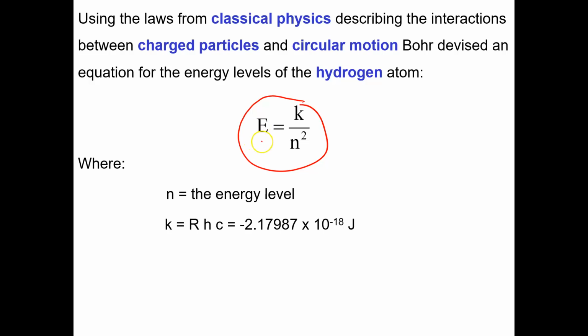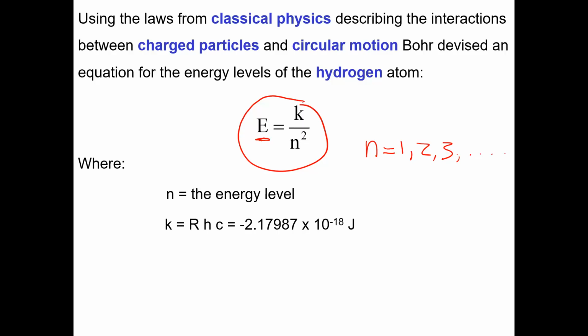It says that the energy of the electron is equal to k, which is a constant, divided by n squared, which is the number of the energy level. So that's going to be a positive integer starting at 1. So that's really cool, right? So you can calculate the energy of an electron in one of these orbits.